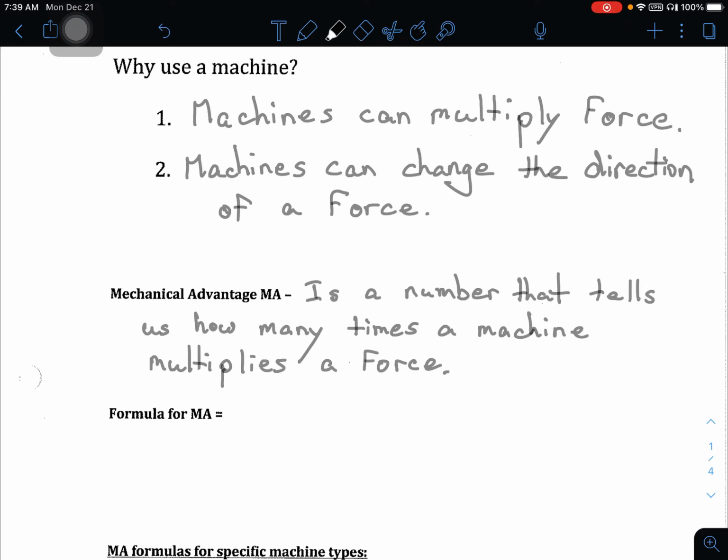So if I say this machine has a mechanical advantage of 2, basically what that means is that the machine doubles the force. If I have a machine that has a mechanical advantage of 3, that means the machine triples the force, right? All it is is a number. It's kind of a multiplying factor.